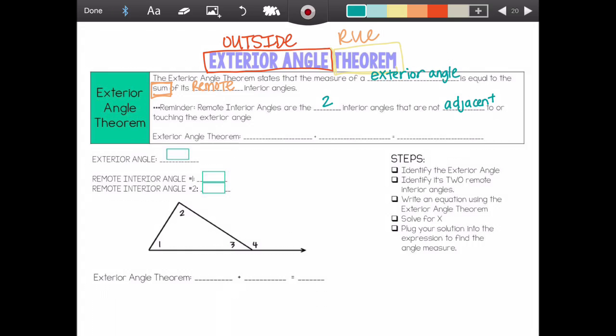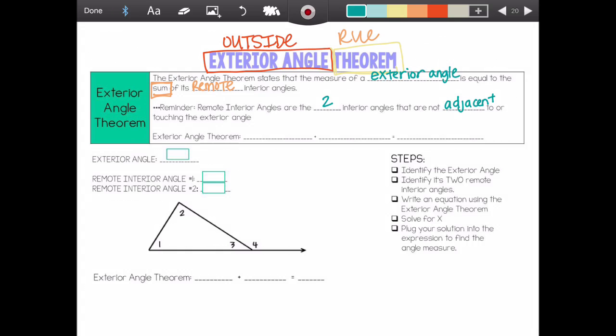So again, just like we had an equation to solve for the triangle sum theorem, we're going to have an equation as well for the exterior angle theorem. In this case it says the measure of the exterior angle is equal to the sum of its remote interior angles. Now there's going to be two remote interior angles for every exterior angle.